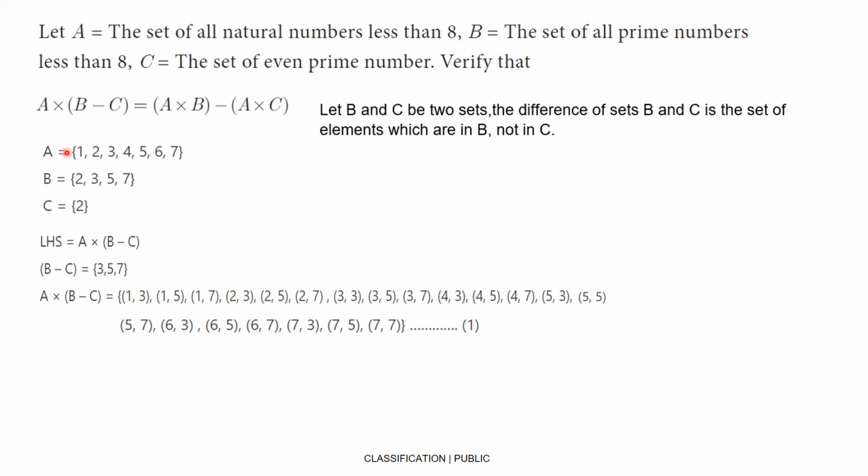Pair it: (1,3), (1,5), (1,7), and (2,3), (2,5) and (2,7). Next (3,3), (3,5) and (3,7). Next (4,3), (4,5) and (4,7). Next (5,3), (5,5) and (5,7). Next (6,3), (6,5) and (6,7). Next (7,3), (7,5) and (7,7). This is equation number 1, that is LHS.